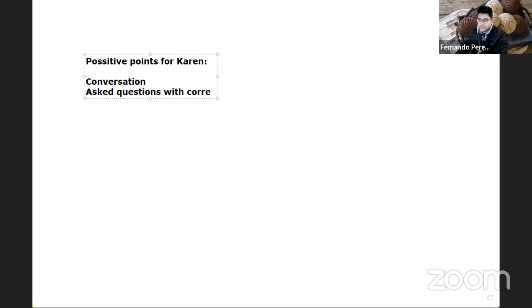With correct structure. Very good. And you mentioned the photos you were observing.